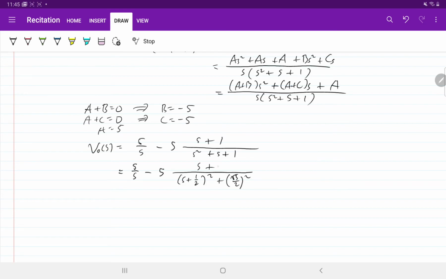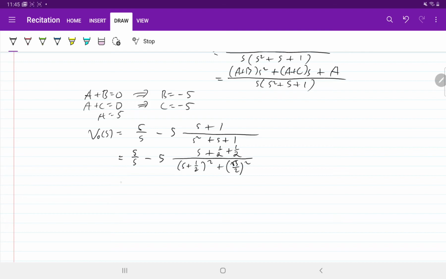We still have S plus 1. Since we have 1 half over here, 1 is 1 half plus 1 half, right? So this is 5 over S minus 5 times S plus 1 half over S plus 1 half squared plus square root of 3 over 2 squared, and then the same with 1 half.